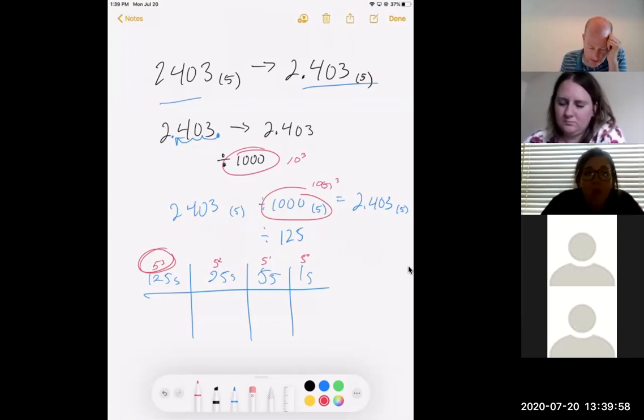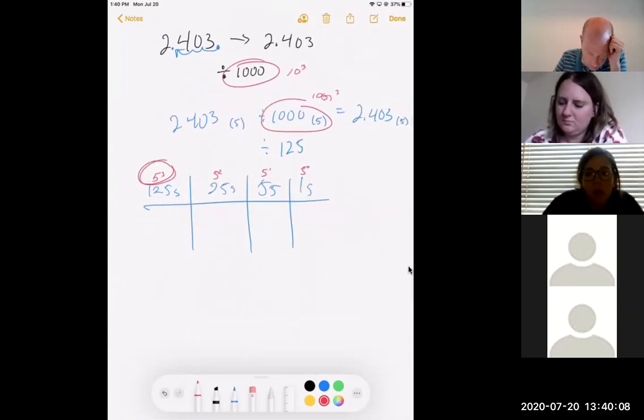So what we did in our class was we modeled this, 2, 4, 0, 3. Okay, so we modeled that and we wanted to put them into groups of 125, but right here we don't have any.